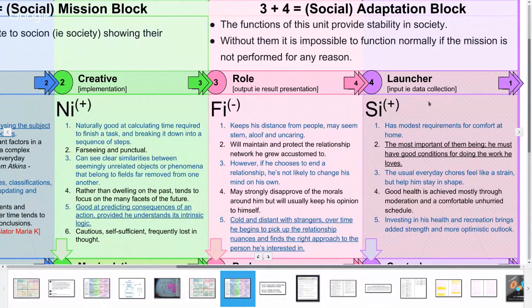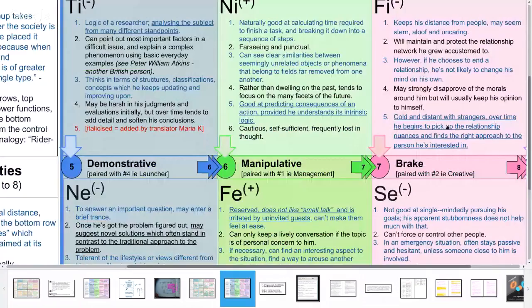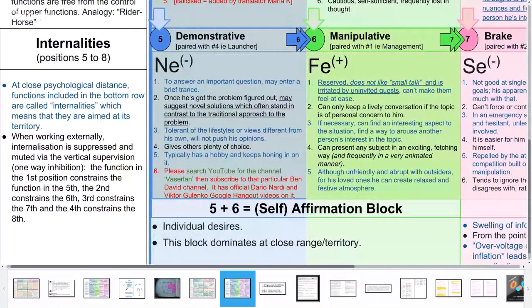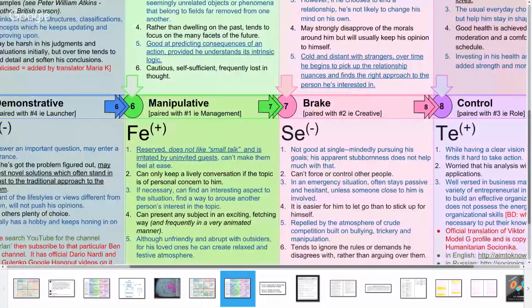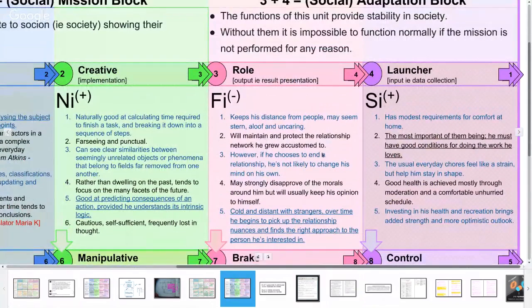So they're in this social adaptation block. And again, over time, they learn to talk to concrete speech people. And so you can see here, you've got social mission. When they're in their comfort zone, they can talk theory and the things they're interested in. Self-affirmation block. When they can't talk about what they want to talk about and they have to adapt, social adaptation block, the FI.